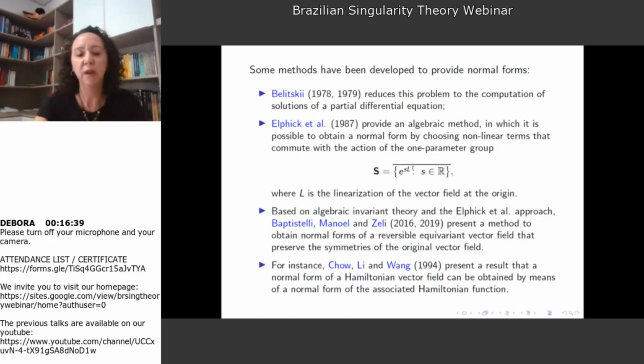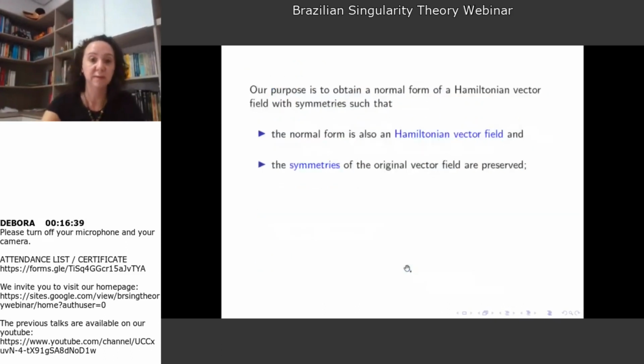And if you have a normal form of this function, we obtain a normal form of the vector field. But all the tools used in the method of Elphick were important to describe the symmetries and reversing symmetries in the Hamiltonian context.